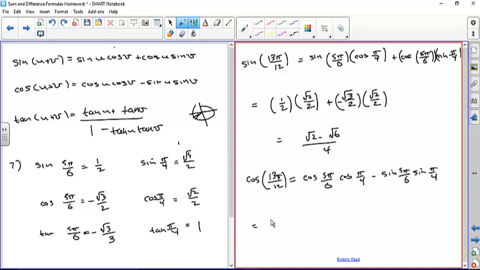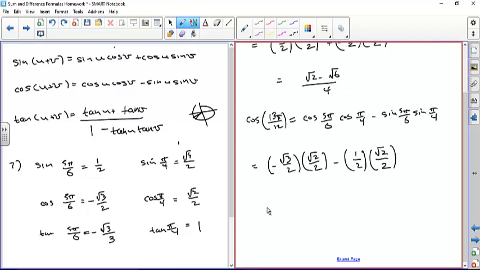Cosine of 5 pi over 6 is negative the square root of 3 over 2. Cosine of pi over 4 is the square root of 2 over 2. And then we subtract the sine of 5 pi over 6, and we multiply that by the sine of pi over 4. So what we'll get is negative the quantity square root of 6 plus the square root of 2 all over 4.